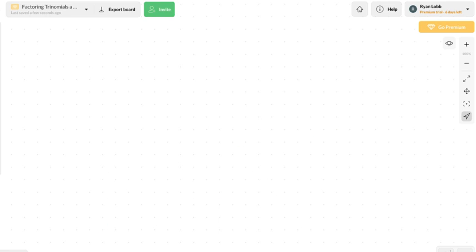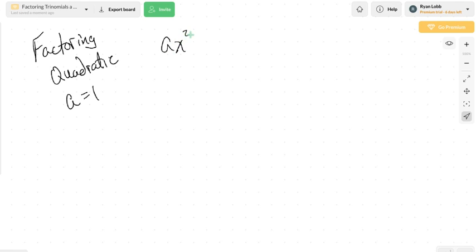Okay, so here we're going to go factoring a quadratic, and we're going to say a equals 1. By a equals 1, keep in mind we have our standard form, ax squared plus bx plus c.